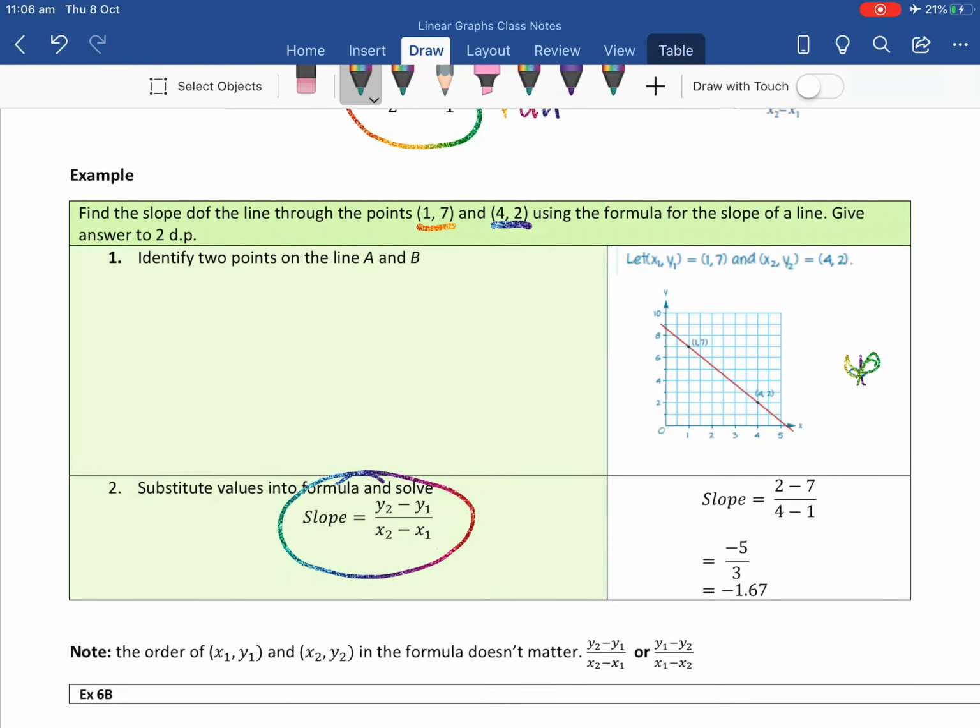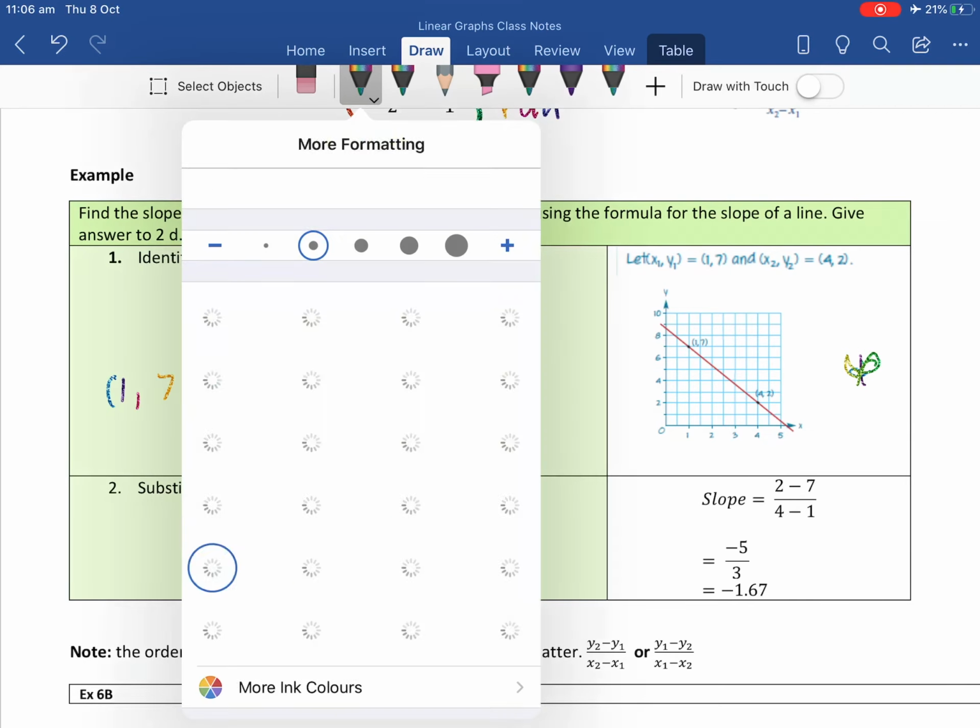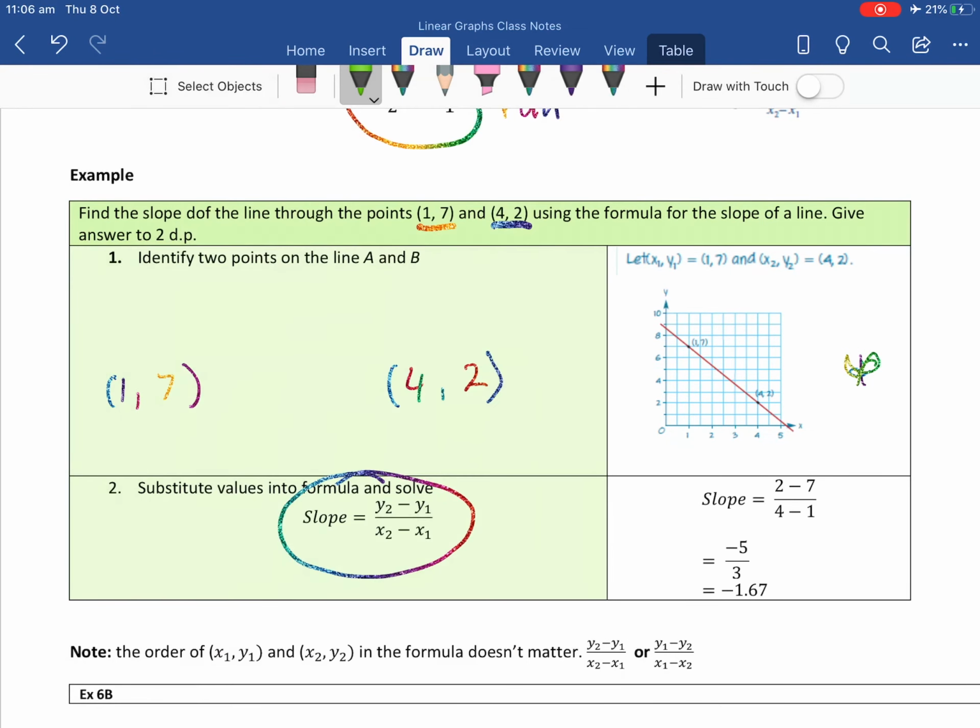Our first point is 1, 7 and our second point is 4, 2. Let's label those: this is our first point, this is our x value and that's our y value, and they've put a little 1 there because that's our first point. Our other point is this one, x2 and y2.